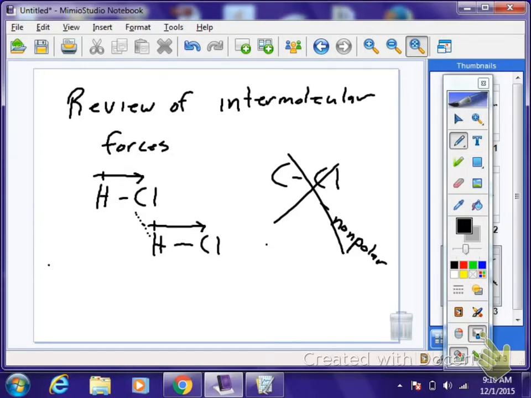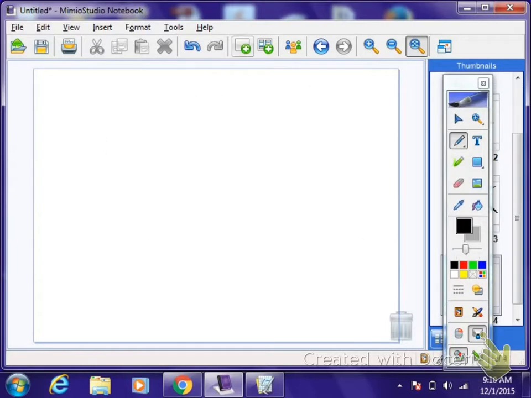So what's the second one? And this one is probably the biggest of the three forces. If molecules have this, then they probably hold together really, really well. Now you're going to hear me talk about boiling point and melting point.